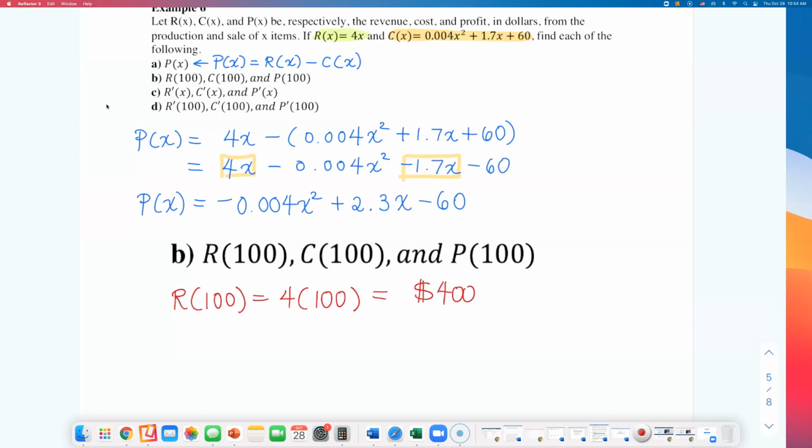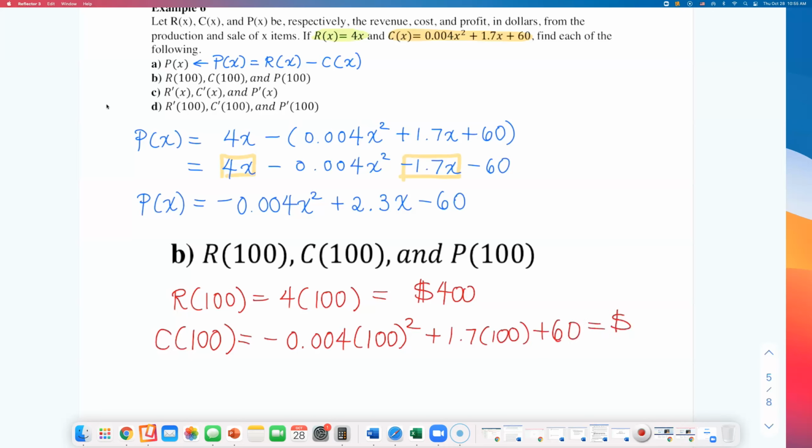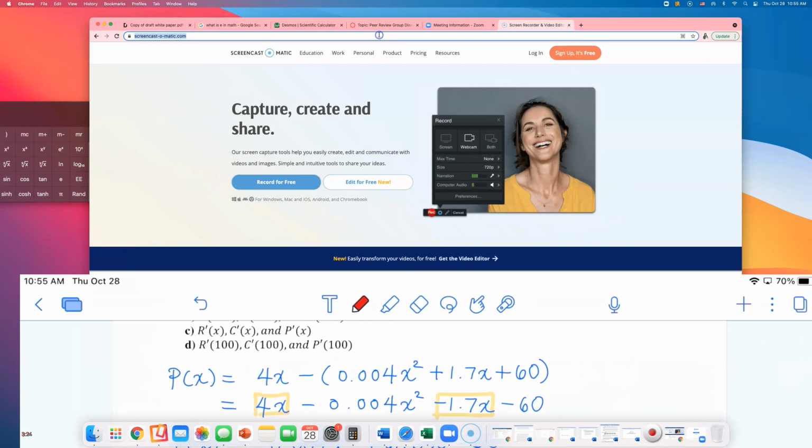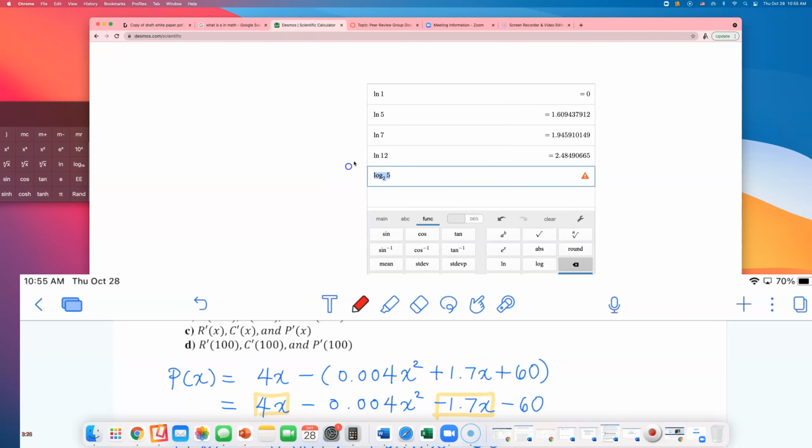The cost at 100, that's the longer one, right? Negative 0.004 times 100 squared plus 1.7 times 100 plus 60. What will be the cost? I'm going to need a calculator for this part, so I'll open up a calculator.